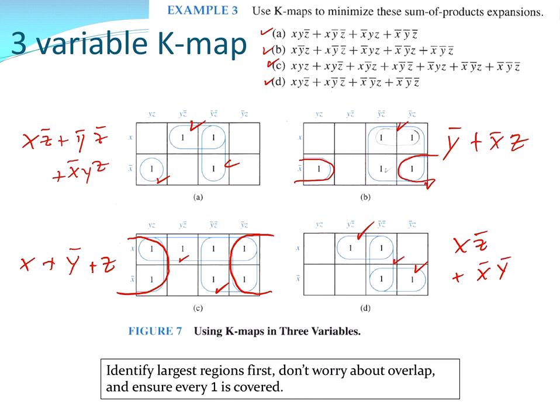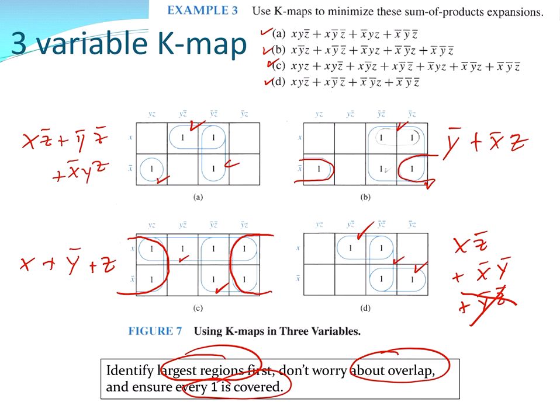And this third vertical grouping is going to be y bar, z bar. But notice that the third vertical grouping wasn't even needed. All the ones have been covered without it, so it was actually not essential. We could have left it off and should have left it off. Remember, identify the largest regions first, don't worry about overlap, and make sure every one is covered.